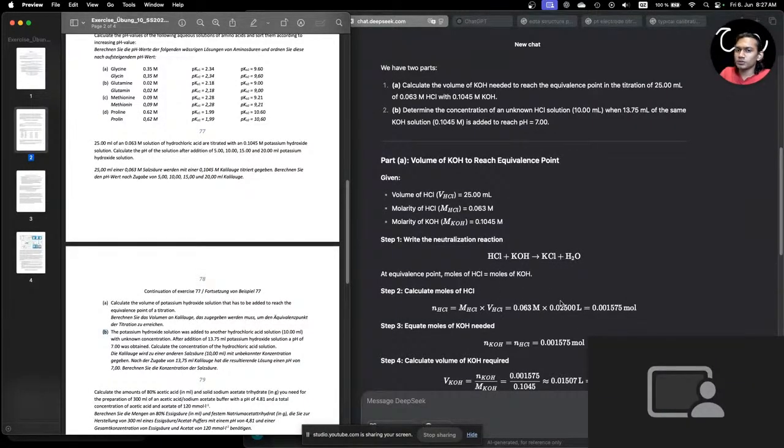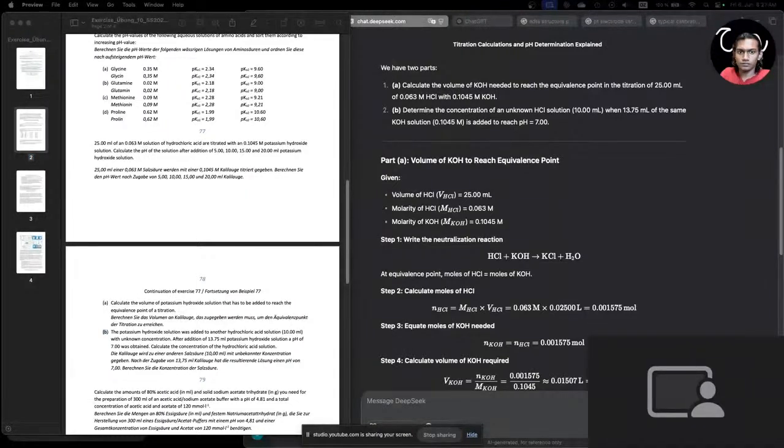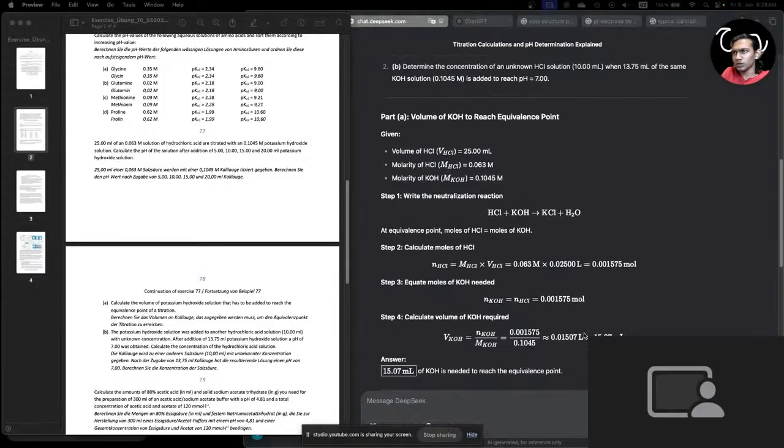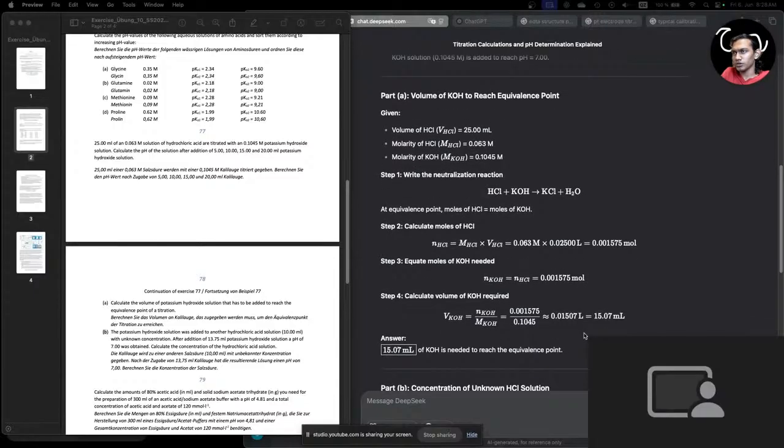Moles of HCl equals moles of KOH. Calculate the moles of HCl. Number of moles of HCl equals molarity of HCl times volume. Molarity, concentration, it's all the same. Equate moles of KOH needed. Number of moles of KOH. Calculate the volume of KOH required. Volume of KOH is number of moles of KOH divided by molarity.